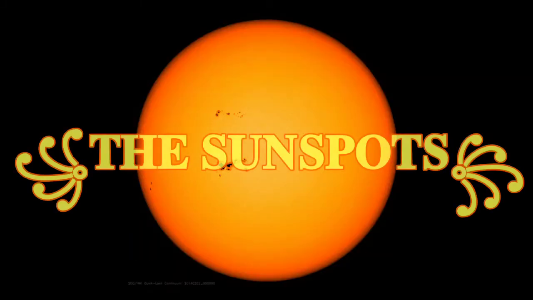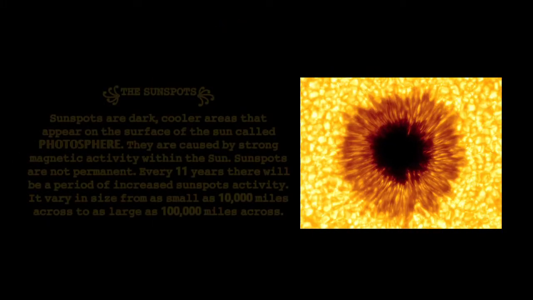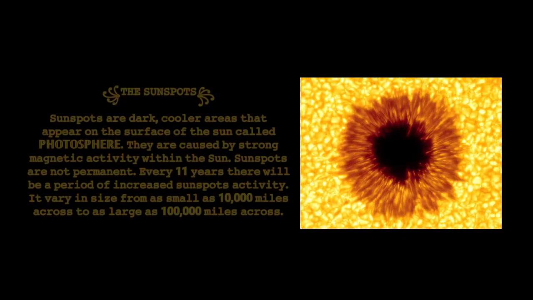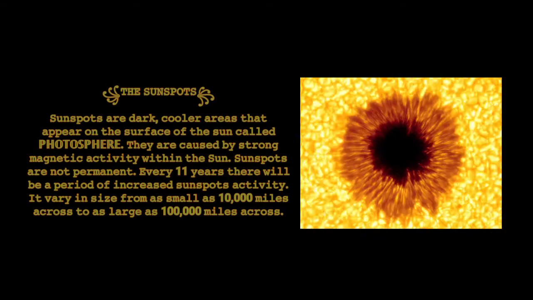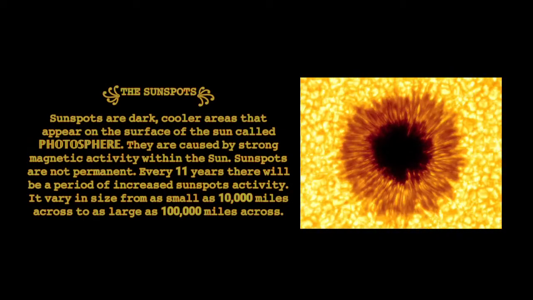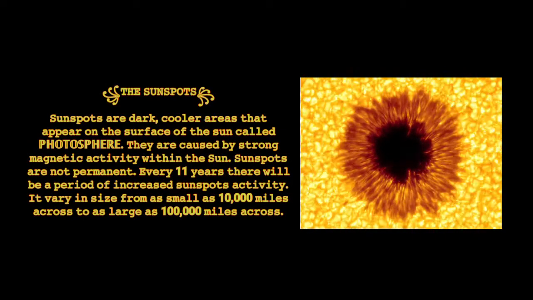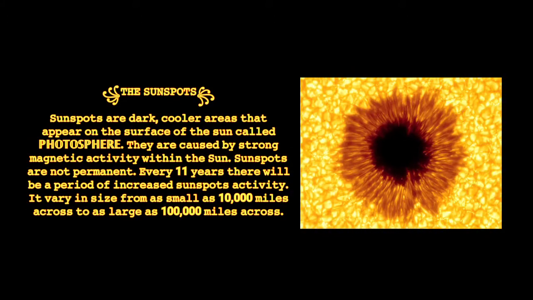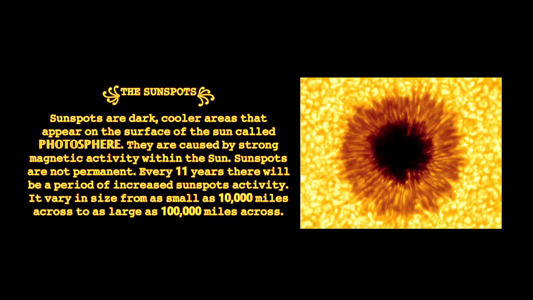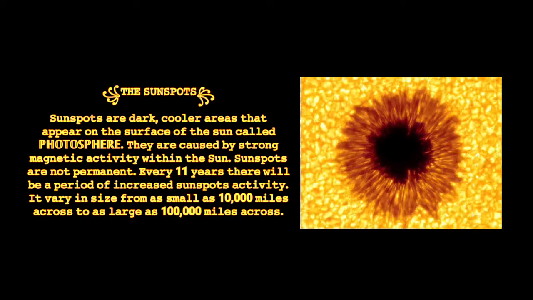The sunspots. Sunspots are dark, cooler areas that appear on the surface of the sun called the photosphere. They are caused by strong magnetic activity within the sun. Sunspots are not permanent and they can move slowly across the surface of the sun, changing size as they move.